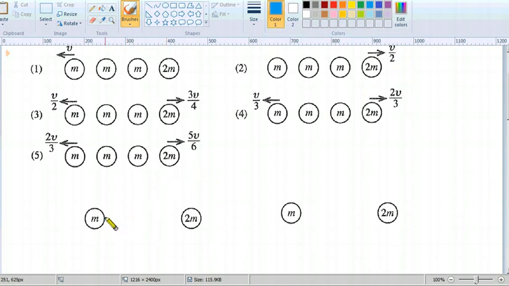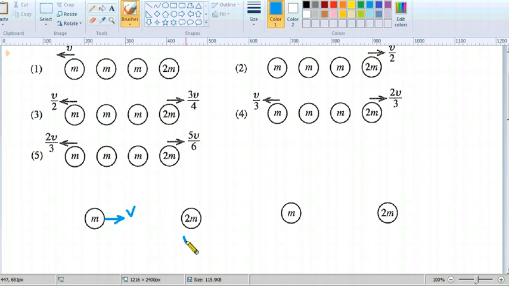The velocity of this one we know is v, because that v came from here, and finally it collides with this 2m with the velocity v. That is what we have written here.